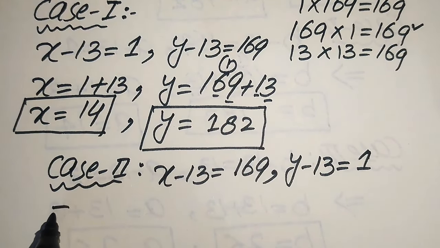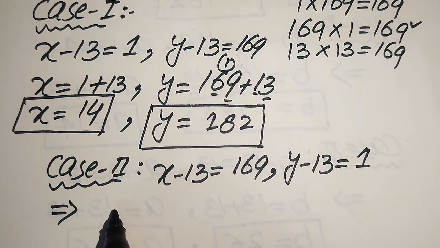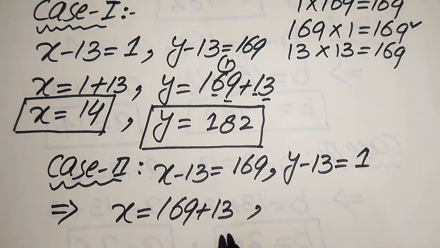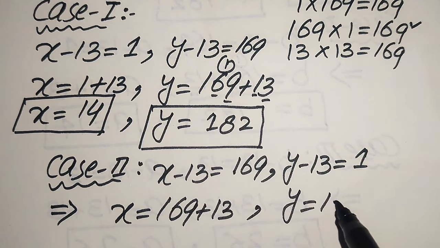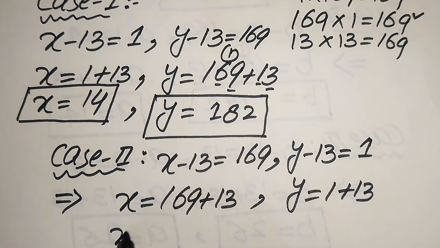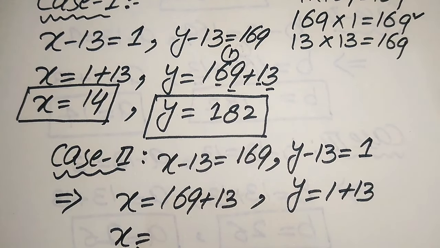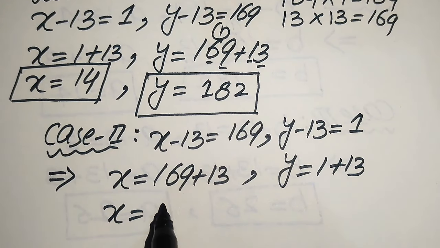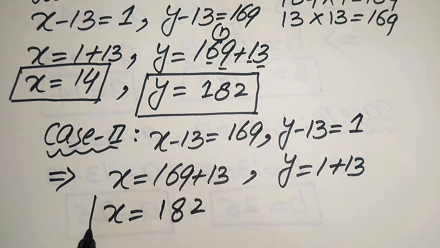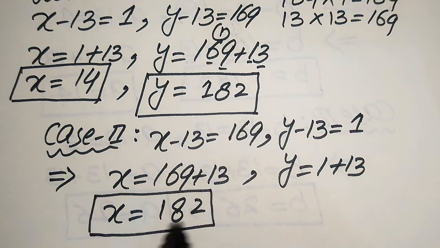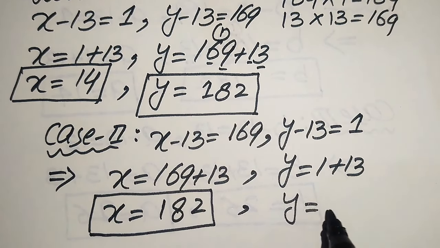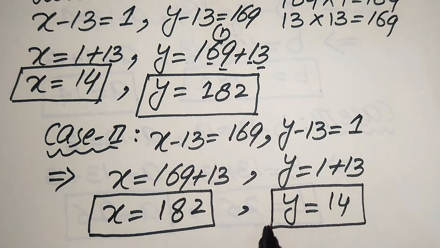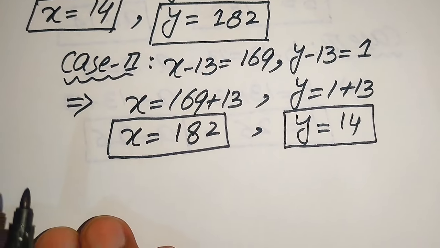So here we need to move this minus 13 to the right hand side, and we get x equals 169 plus 13, and from this case we get y equals 1 plus 13. When we add 169 plus 13, it equals 182. So this is the value of x in the second case, and here we get the value of y, which equals 1 plus 13, and 1 plus 13 becomes 14. So this is the value of y which we get here from the second case.